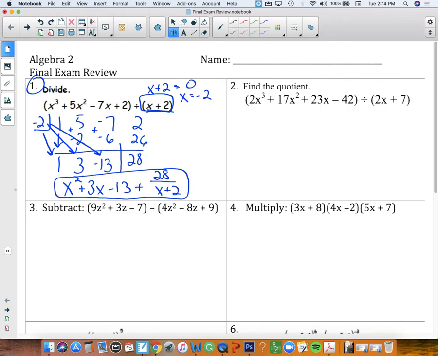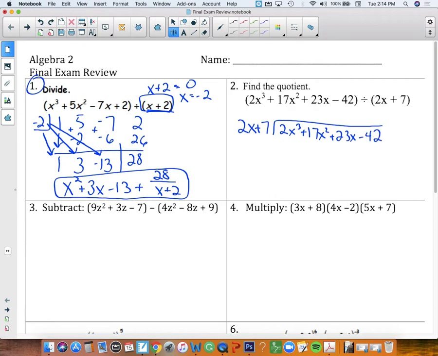Number 2 is the same thing, however, you can do synthetic division. Since there is a 2 here, we have to divide everything by 2, which could create some pretty terrible fractions. So I am going to do long division just so we can review long division. The 2x plus 7 goes on the outside of the box, and then I have 2x cubed plus 17x squared plus 23x minus 42.